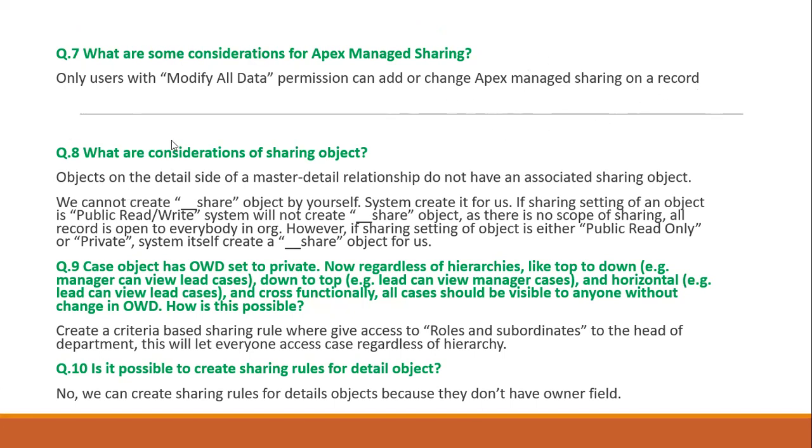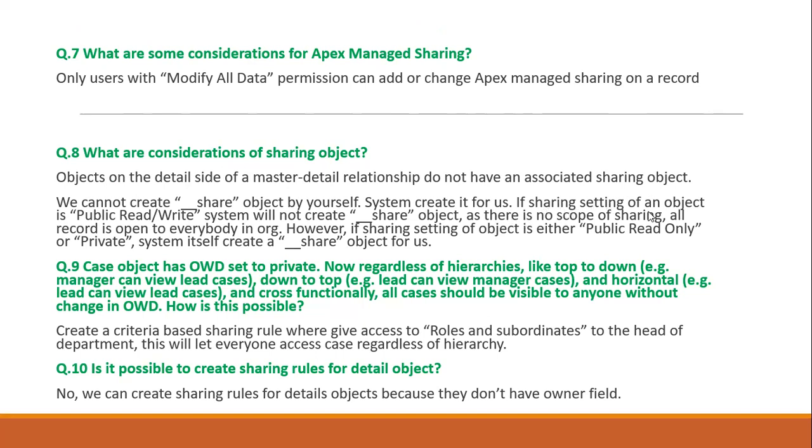Next question: what are the considerations of the sharing object? Objects on the detail side of the master-detail relationship do not have an associated sharing object. We cannot create the share object by ourselves; the system creates it for us.